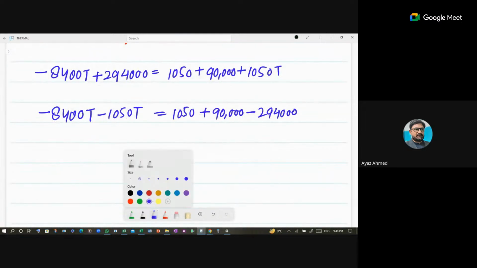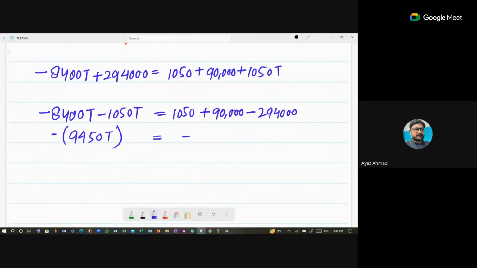Now, if you please solve it for me, it was 9450 T with a negative sign, is it? And what about this one? What came here, child, negative? Well done. Minus 202950. Sorry, I have to say this again, son, there was an interruption. Minus 202950, yes.